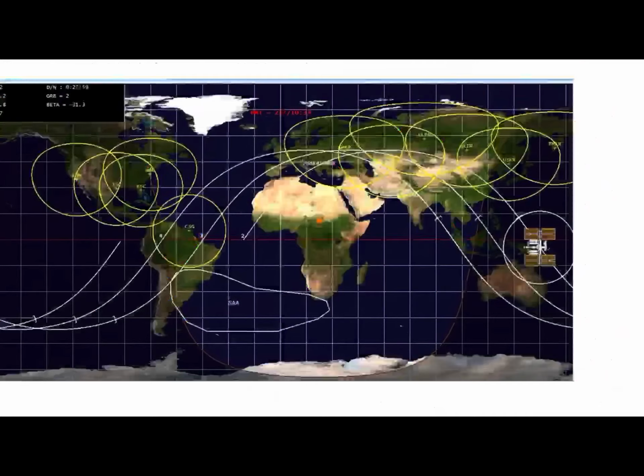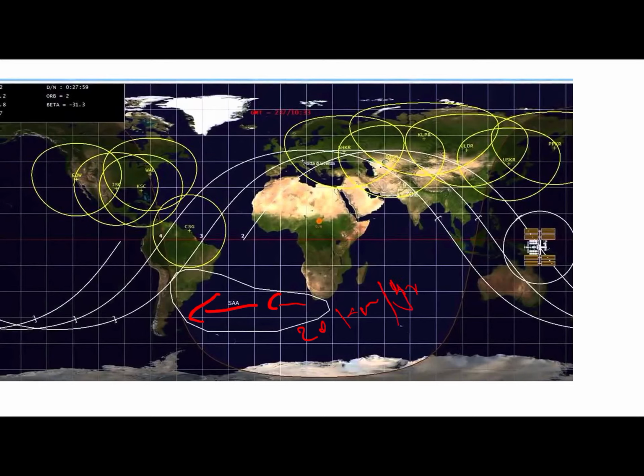So that means the anomaly is growing, and what is the impact of that growing? In which direction is it growing, eastward or westward? It is growing westward. This system is moving westward like this. Okay, so by 20 kilometers per year it has been shifting westward.